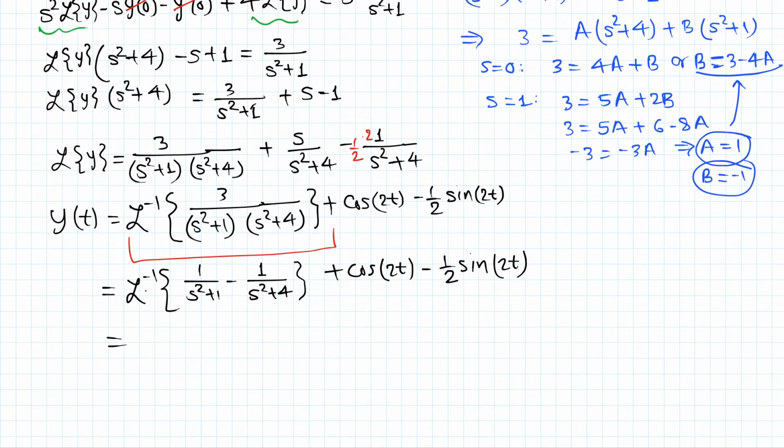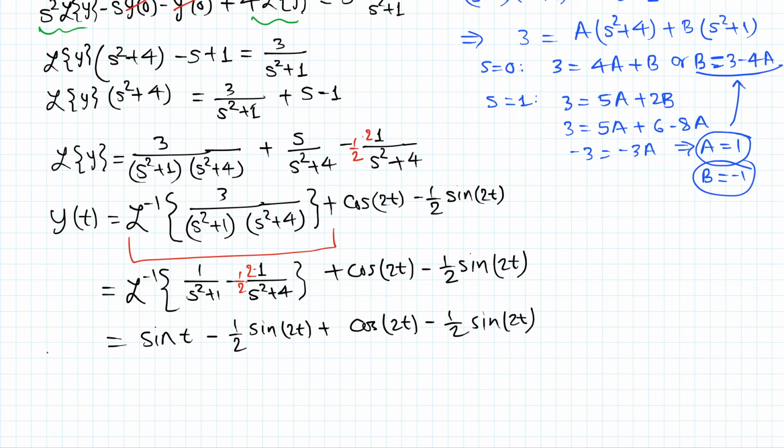Inverse Laplace of 1 over s squared plus 1 is sine t. Minus 1 over s squared plus 4. Again sine t, but there's a 4 so we need 2 here. So we can multiply by 2, and to balance, we need to divide by 2 as well. So negative 1/2 sine 2t, plus here cosine 2t minus 1/2 sine 2t.